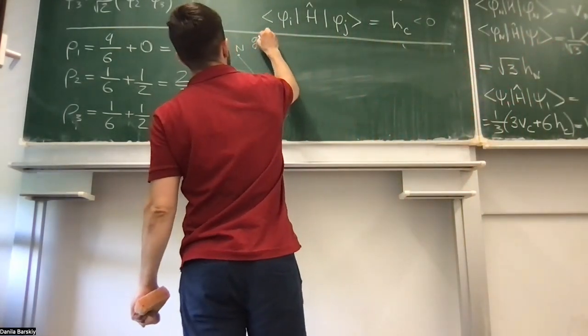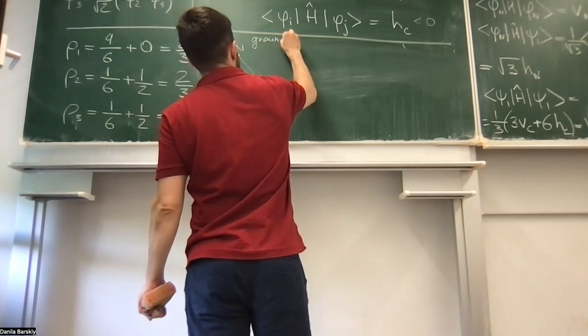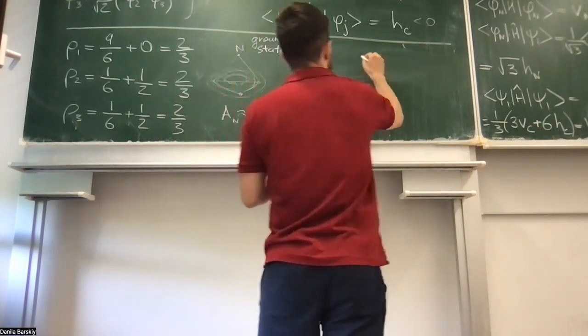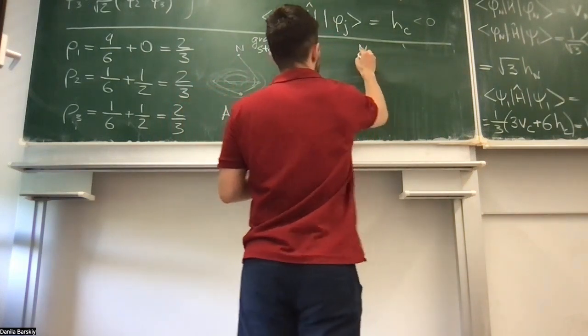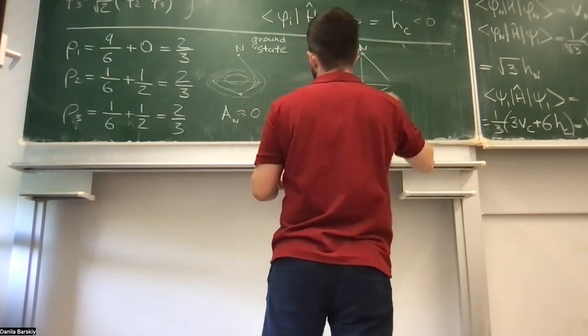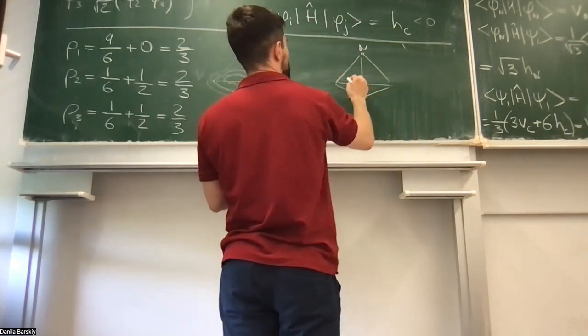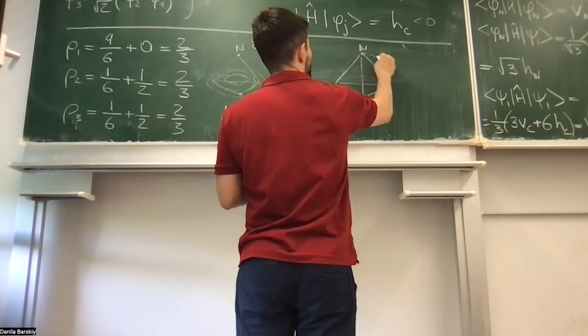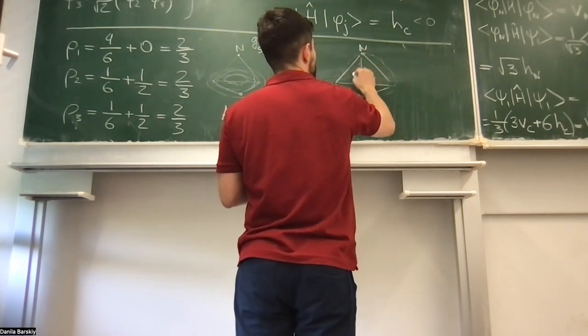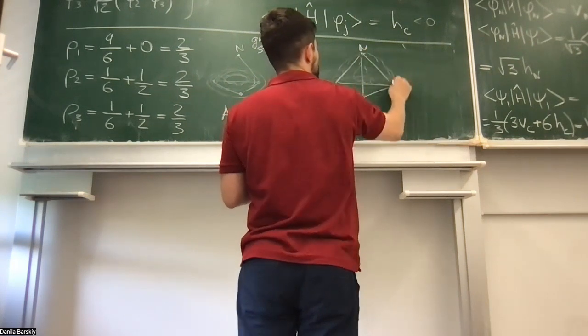So this is the ground state, and this is the excited state. In the excited state, electrons are going to be on each atom, so they're going to be more spread out in space.